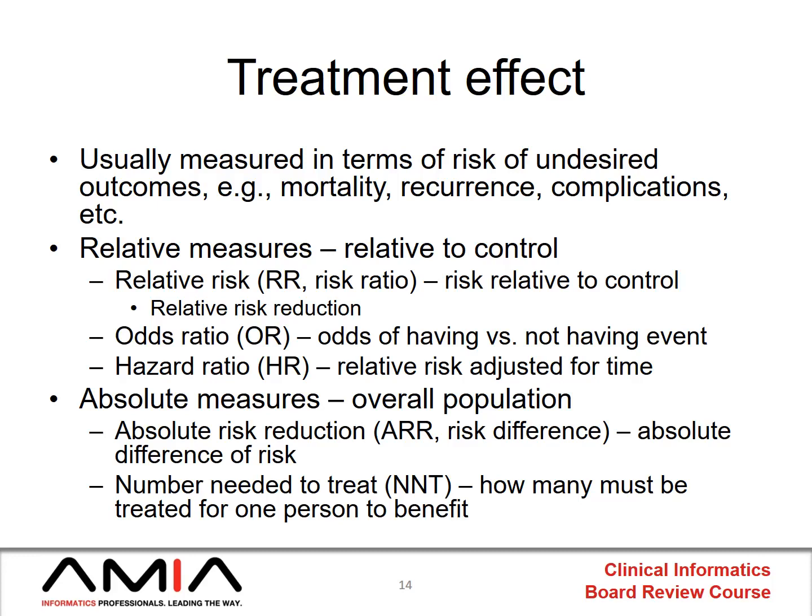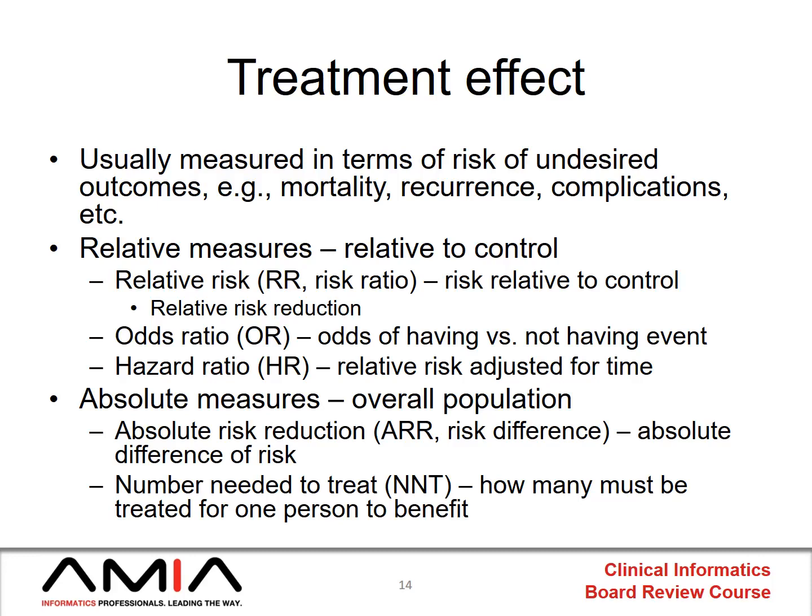There are two main categories of treatment effect. There are the relative measures, where we look at the risk relative to the control group. Ideally, if the treatment is effective, there will be less risk for the experimental group than the control group. A second category that we look at for treatment effect is absolute measures. What is the absolute risk for the control and experimental groups?